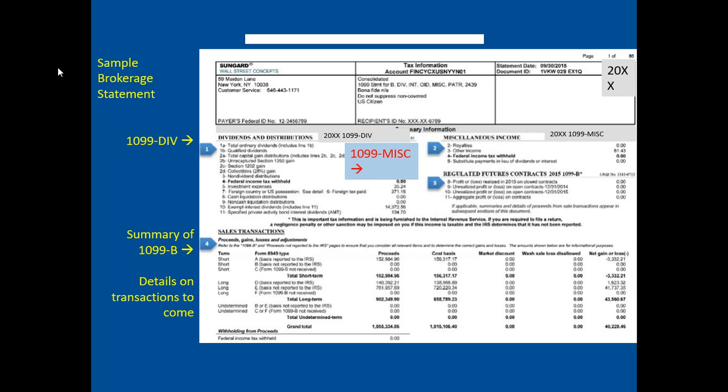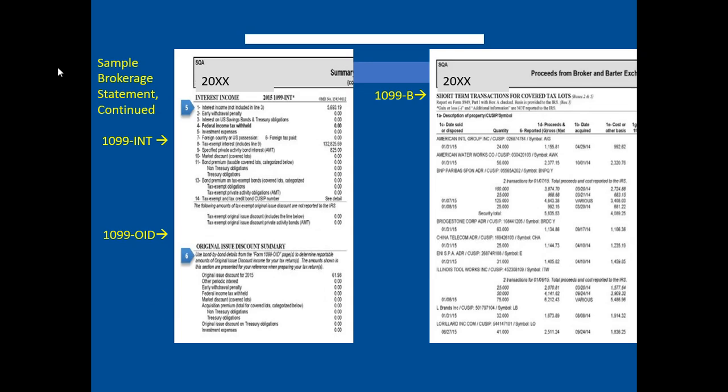Down at the bottom, this is a summary of all the stocks that they sold. All the short term and all the long term, they have the totals there. This is a summary of what's coming on the pages next. On page 2, you will see the interest, the 1099-INT. You'll enter that information.